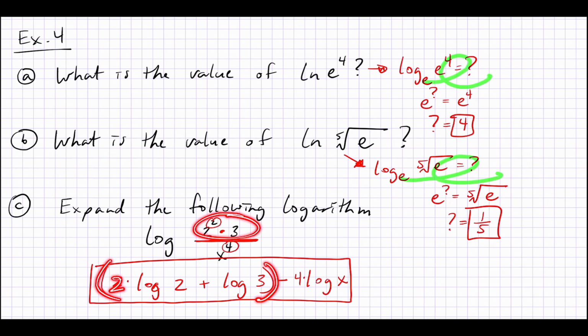And then the 2 moved in front here. I do use the addition because of the multiplication there, and then subtraction because of the division here, and then I move the 4 to the front. Okay. That's about as hard as they'll get.